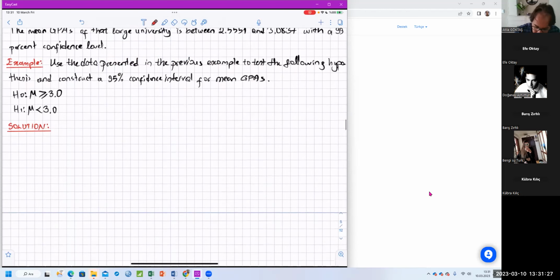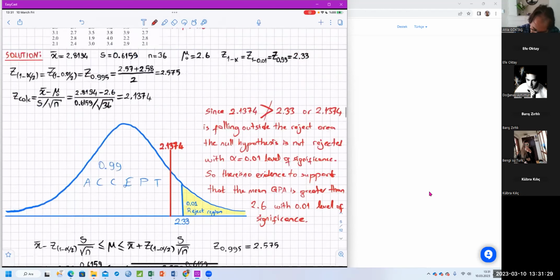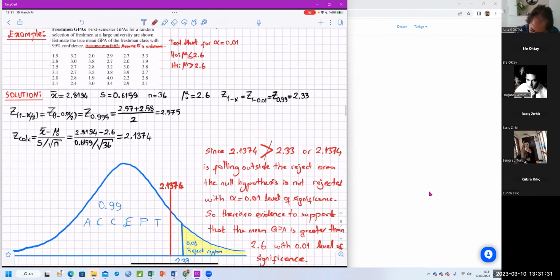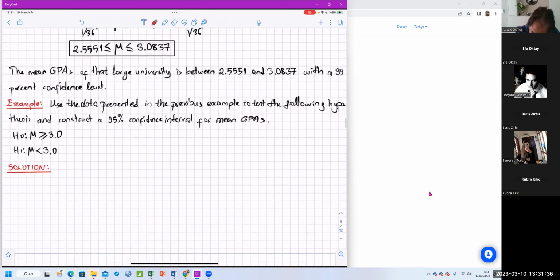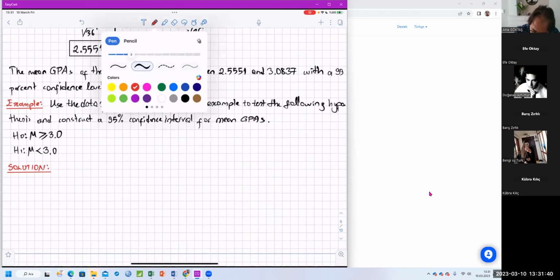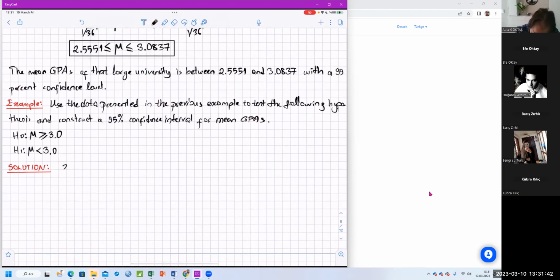Okay, so we need to write down whatever we have. Let me write it myself. X bar equals 2.8194.